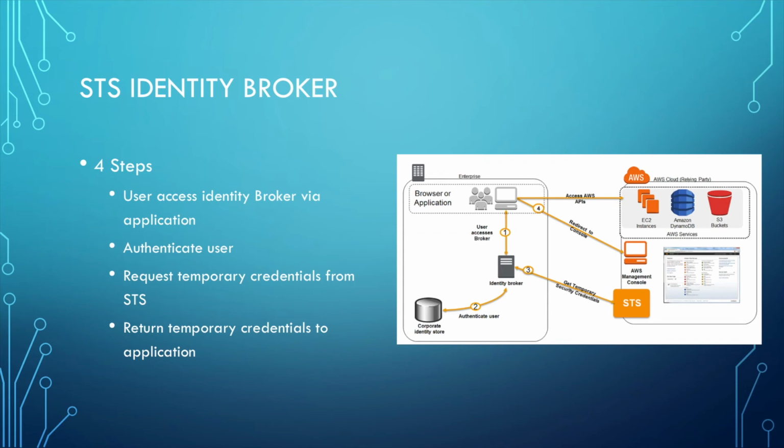The first, the user accesses the identity broker via the application. The second step is that the user is authenticated. The next step is to request temporary credentials from STS. The last thing is to return temporary credentials to the application. Then the application can access the AWS APIs.